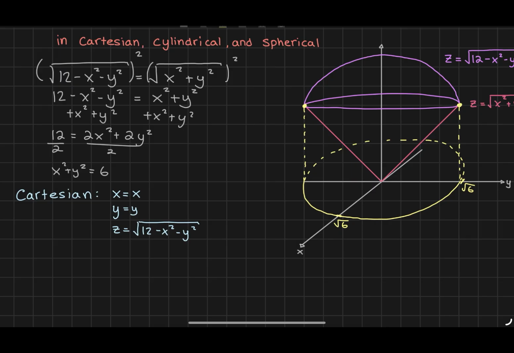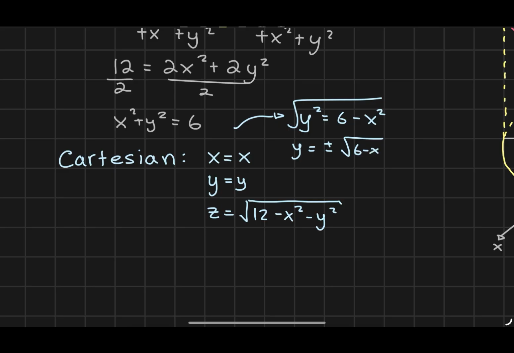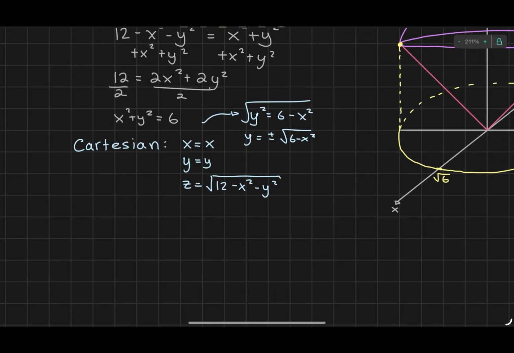So for dy, we need to set our little circle there in the xy plane explicitly defined as a function in y. So just rearranging this, y squared is equal to 6 minus x squared. And then taking the square root of both sides, y is equal to positive or negative square root of 6 minus x squared. So those are going to be our bounds on y.